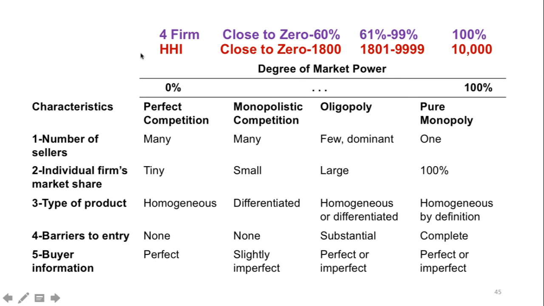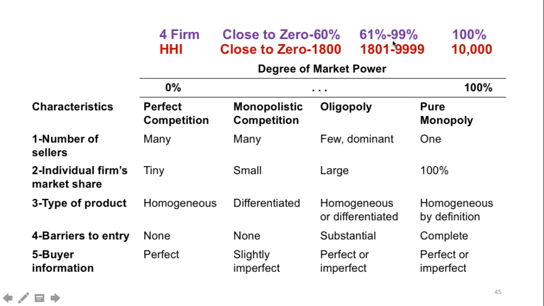So here you can see there are two ways to measure market concentration. The first one is the four-firm ratio, and then HHI. If the four-firm ratio is between 0 and 60%, it means that the market is competitive.